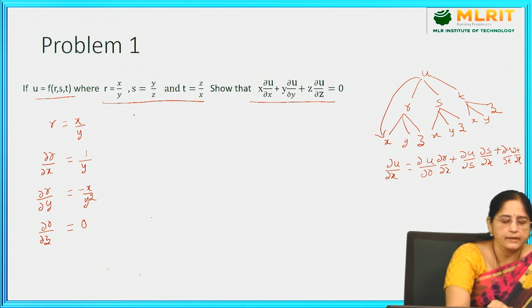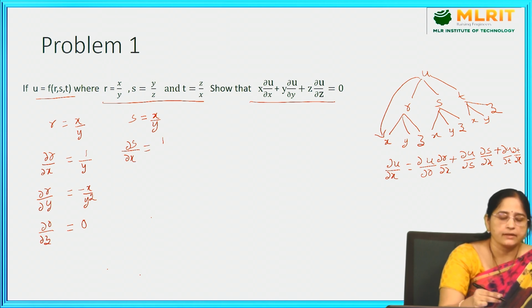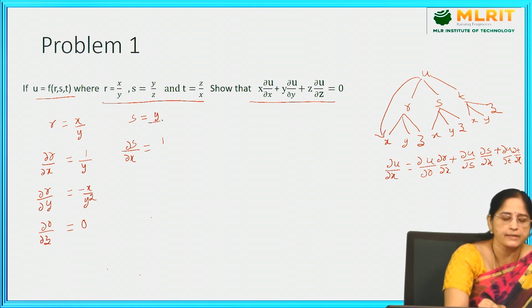Similarly, we can find dou s by dou x, dou s by dou y and dou s by dou z. S is equal to, not x by y, so s is equal to y by z.